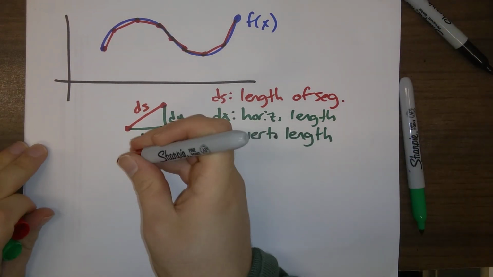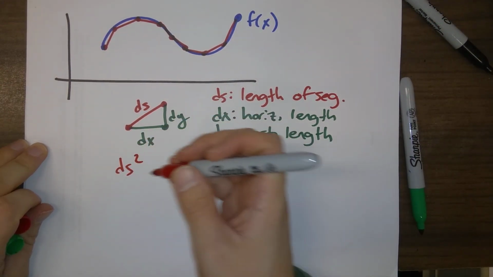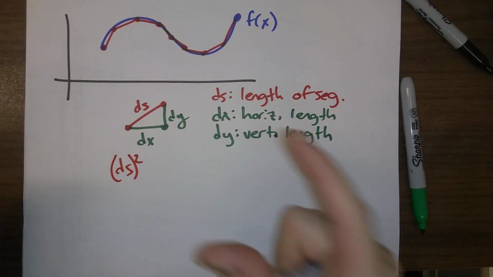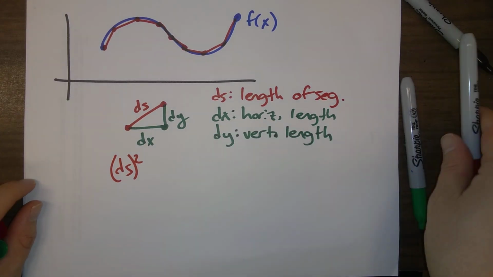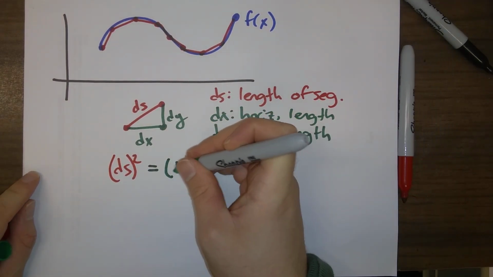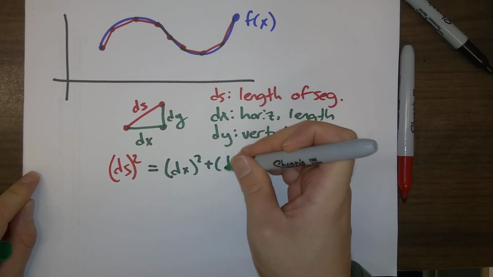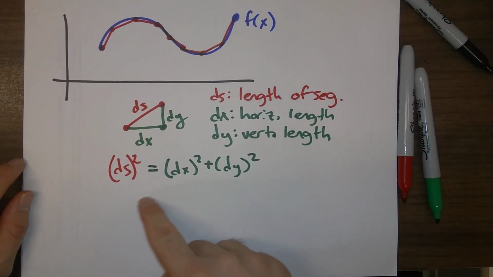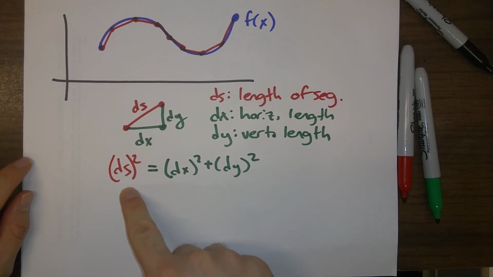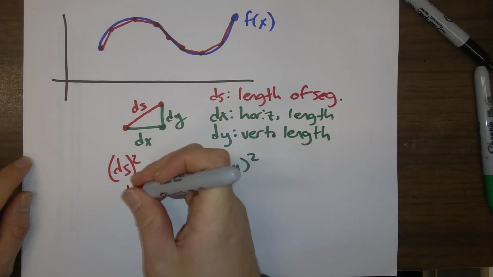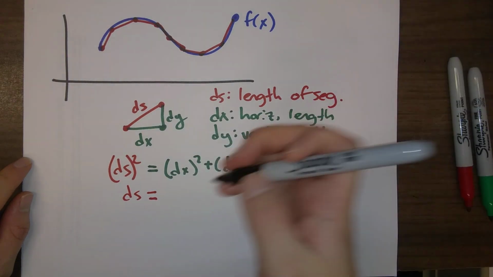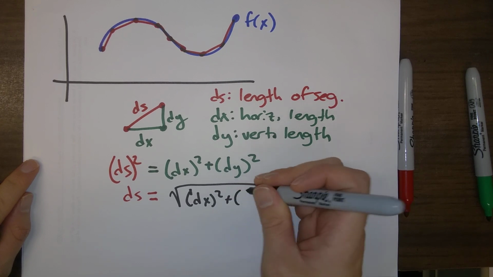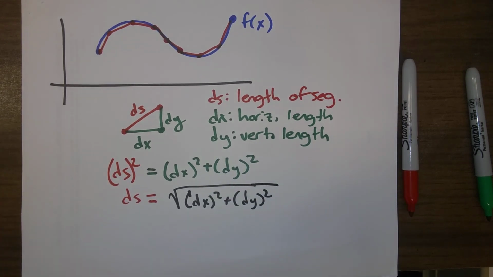It tells us that (ds) squared, I'll put parentheses to indicate that ds is a single quantity, is equal to (dx) squared plus (dy) squared. Okay, let's take the square root of both sides. So ds is the square root of dx squared plus dy squared.